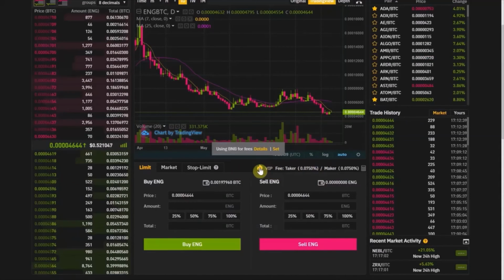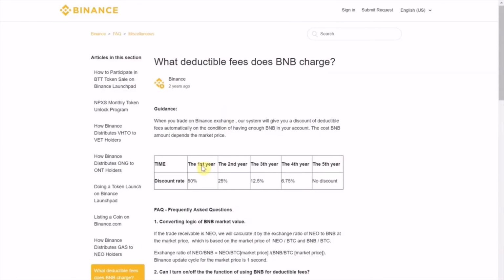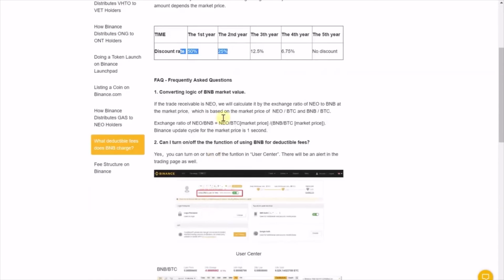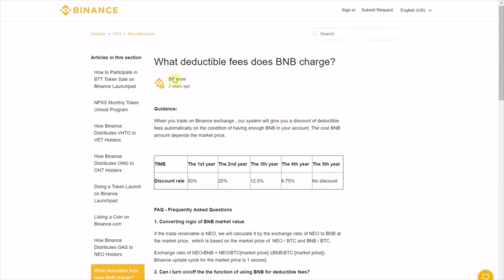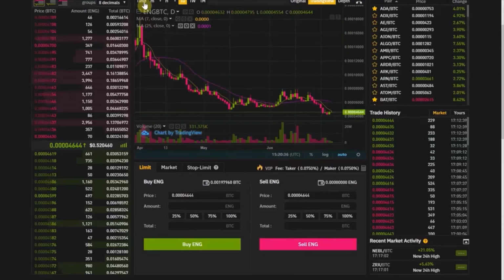I'm not really sure how the thresholds work. You can read about it here. They explain how you convert and how it works, using BNB to pay for your fees. I strongly recommend it.